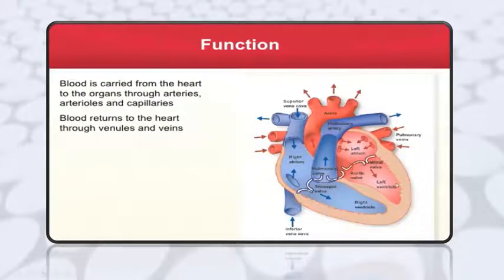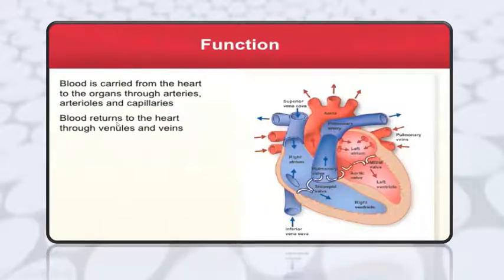The oxygenated blood from the left ventricle enters the aorta. From the aorta it branches into arteries, the arteries branch into arterioles, and these branch again into capillaries, and the oxygenated blood reaches the various organs.